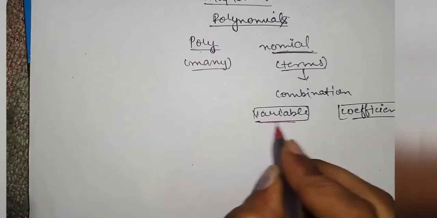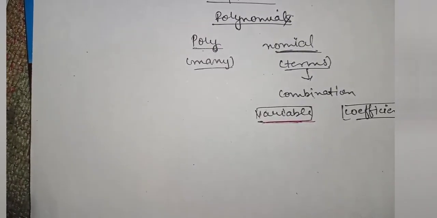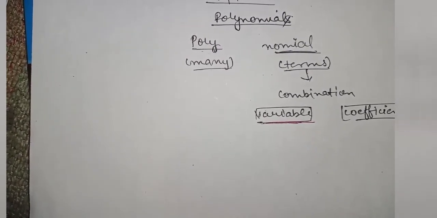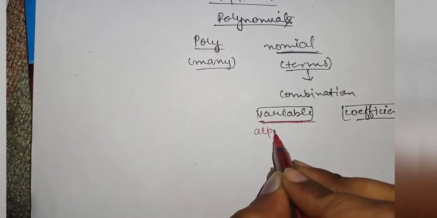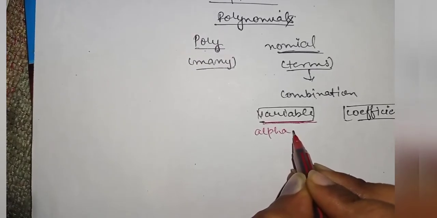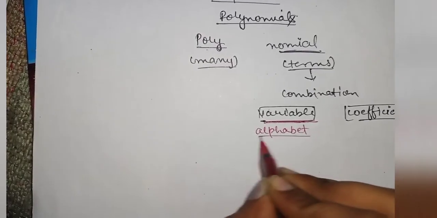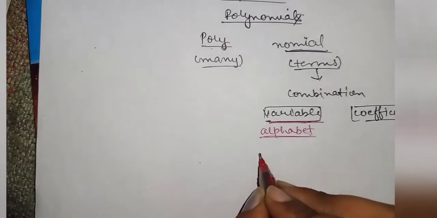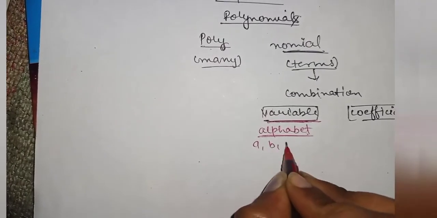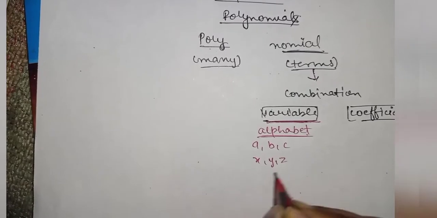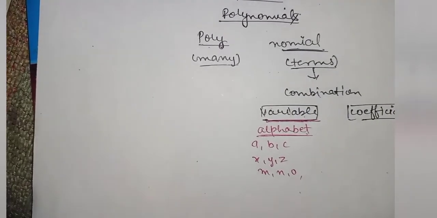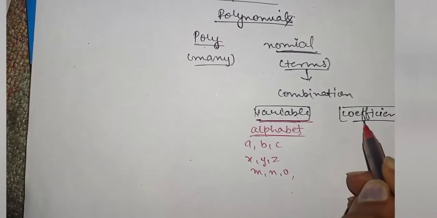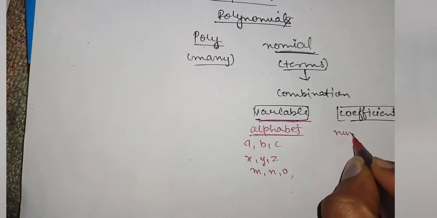Now when we talk about variable, as you already read about variables in your class nursery, class pre, first, second, every time you read about variables, they are alphabets A, B, C, D, E, F, G. So these are known as variables in mathematics, or for example a, b, c, x, y, z, m, n, o, or any alphabet is known as a variable, whereas a coefficient is the number with a variable.